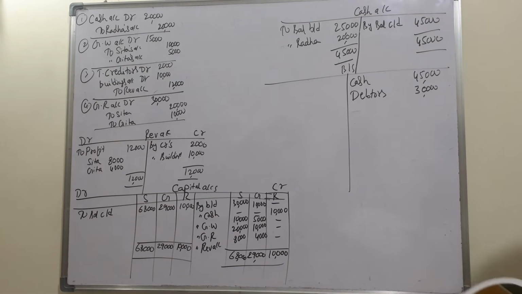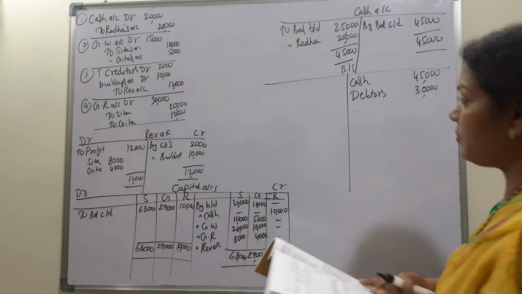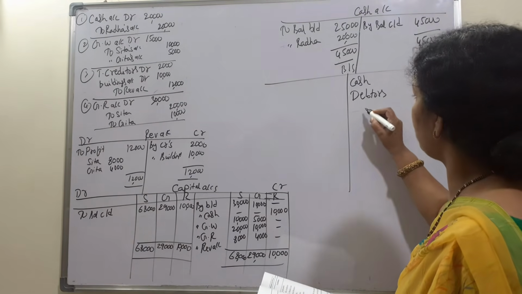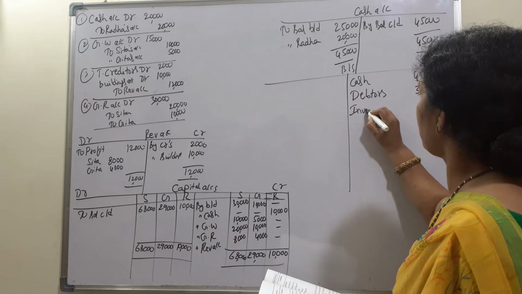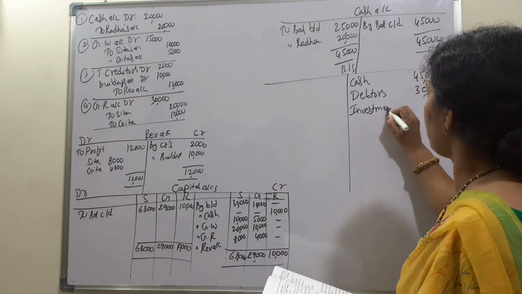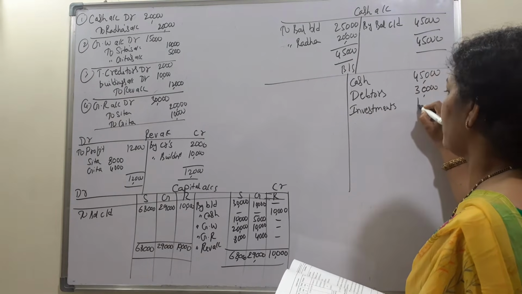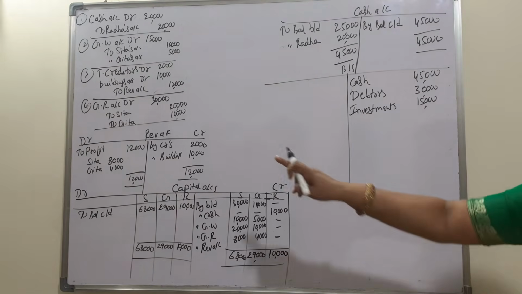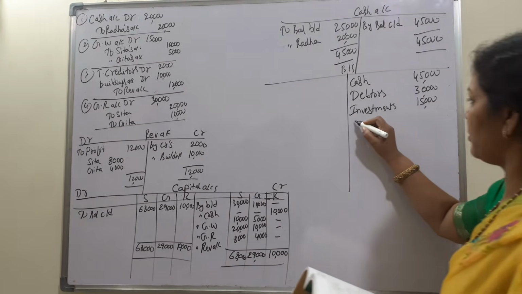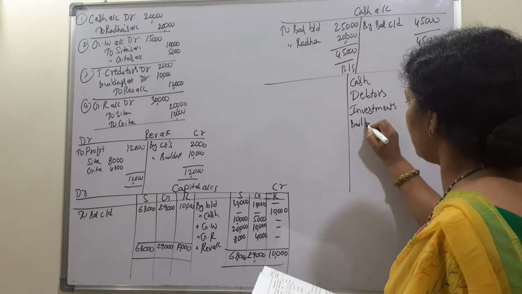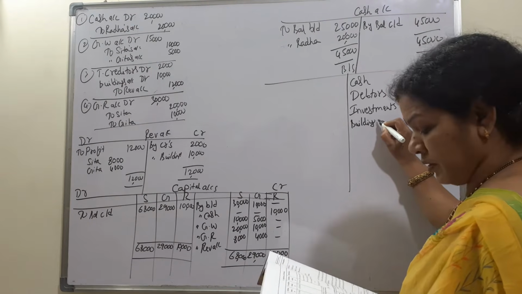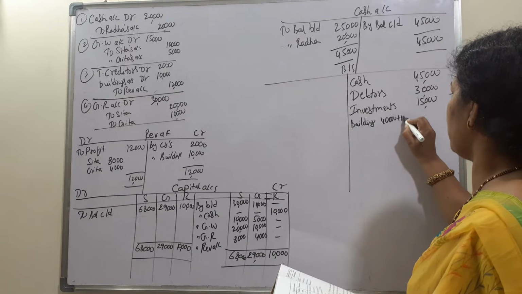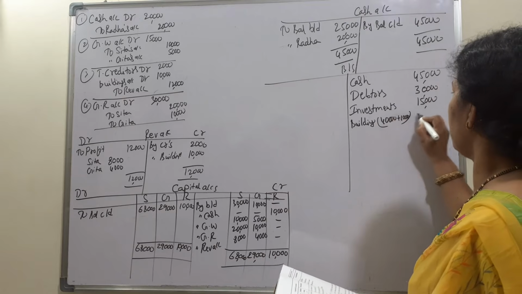Next, investments, 15,000. Next, buildings. There is an appreciation of 10,000, so buildings given 40,000 plus 10,000 is 50,000.